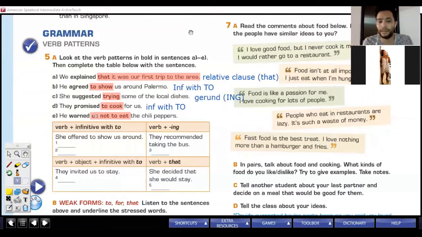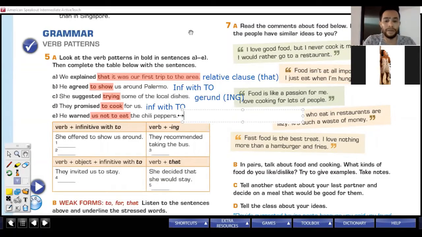Remember that an object can be either the person or the animal or the thing that receives the action. So there are going to be some verbs in which you need to use an object accompanied by the infinitive form.